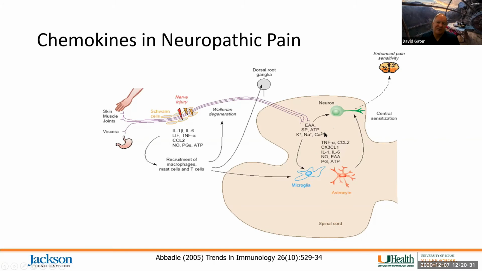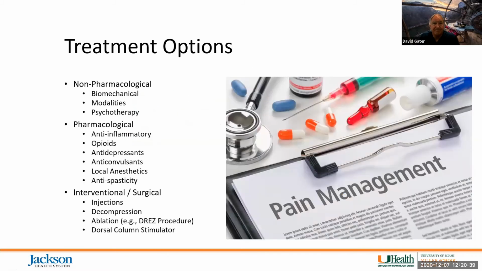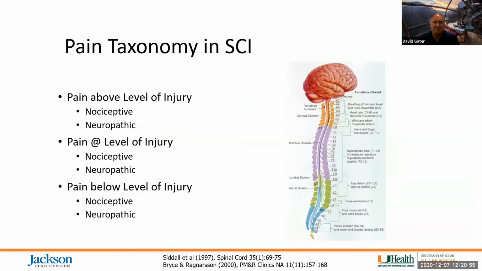If you have these chemokines, they can influence what is perceived by the secondary and tertiary afferents. And so then we have to talk about what are our treatment options for these. And we can look at non-pharmacological, and we will. We'll talk about some of the pharmacological strategies and then consider surgical options to manage particularly neuropathic pain.